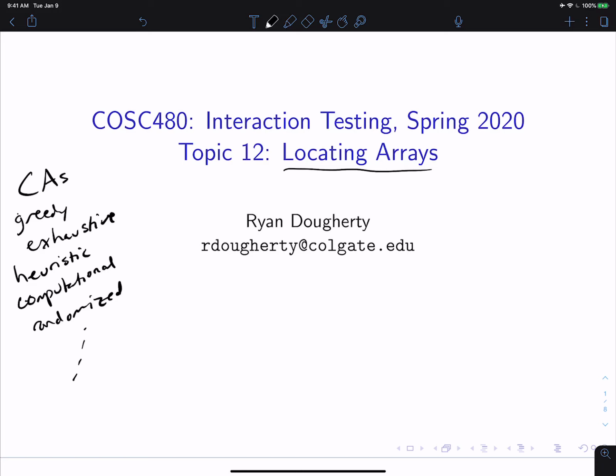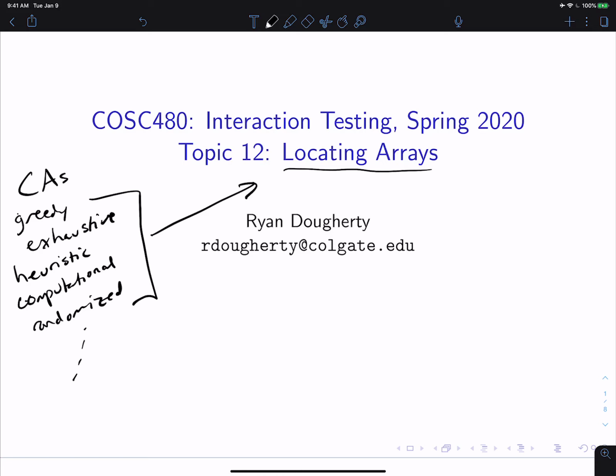But the thing that you should note here is that every single one of these methods can be used in the context of locating arrays. I'm not going to explicitly talk about each one of these, but they can be used here also and have been. But locating arrays are considerably harder to analyze compared to covering arrays, and more of the techniques that have been used for locating arrays are computational.